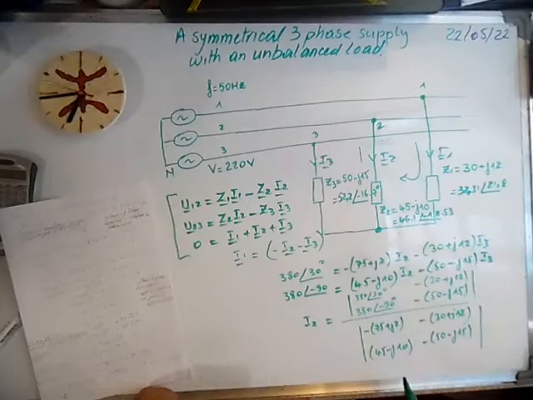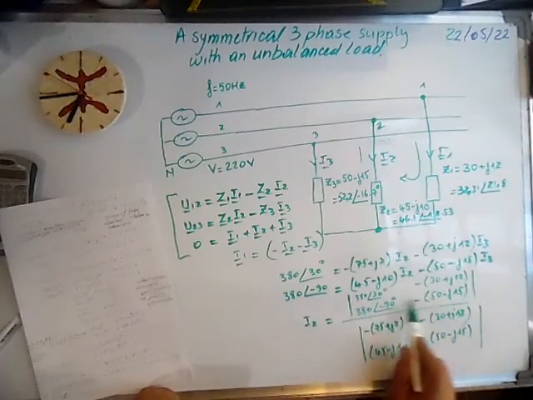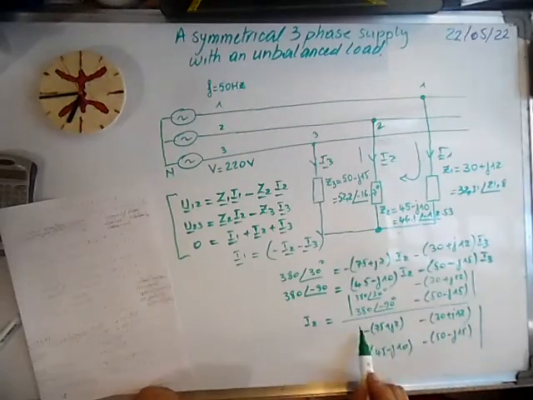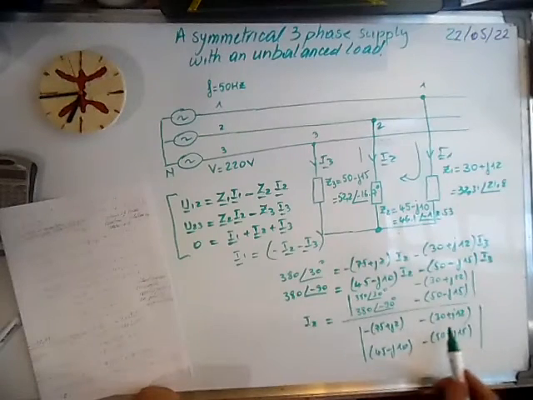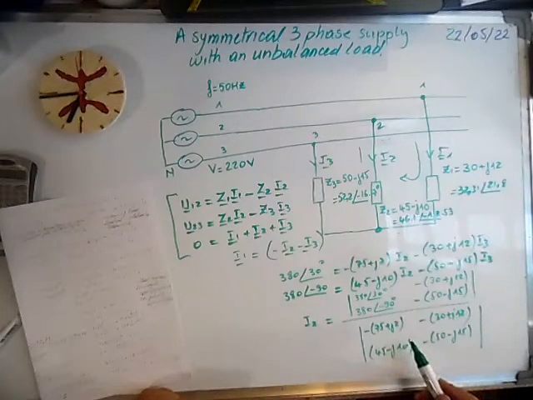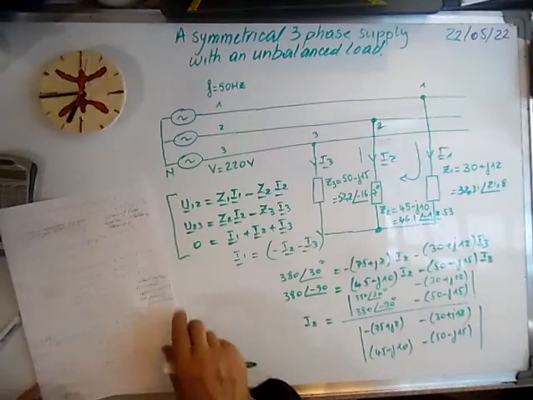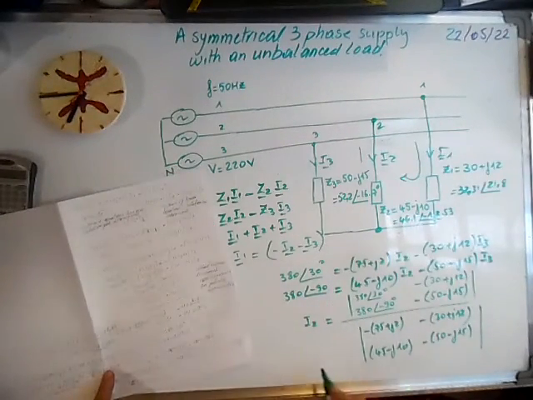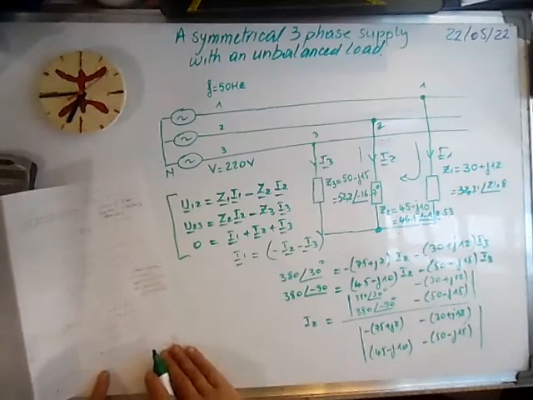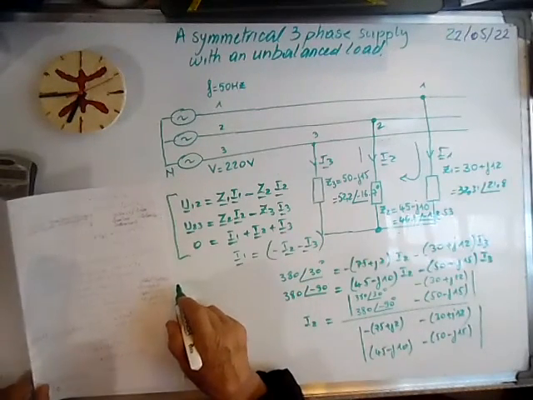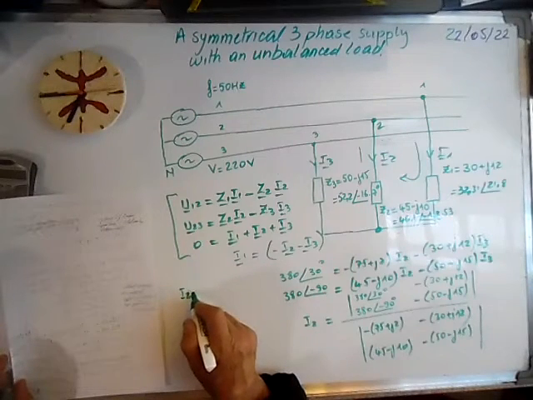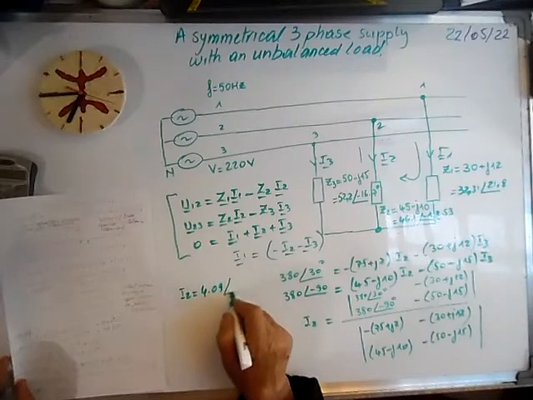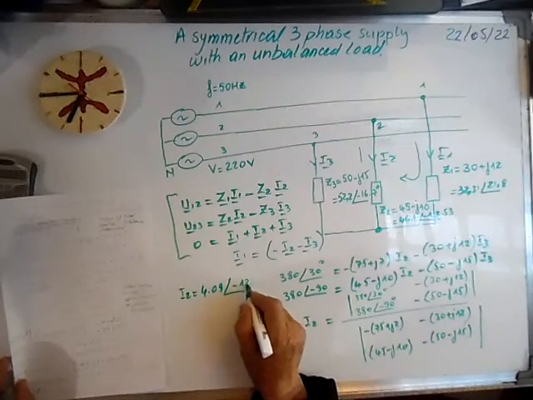So it means I2 will be equal to this times this minus this over this times this minus this, and I will give you the result here: I2 will be equal to 4.09 ∠-124.22.